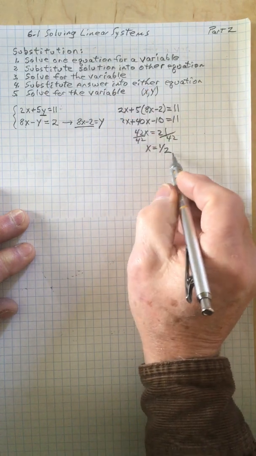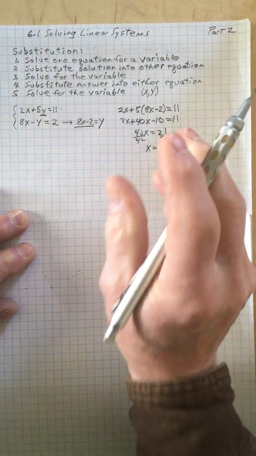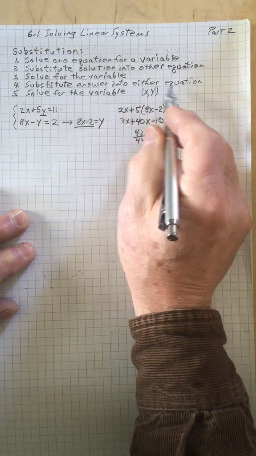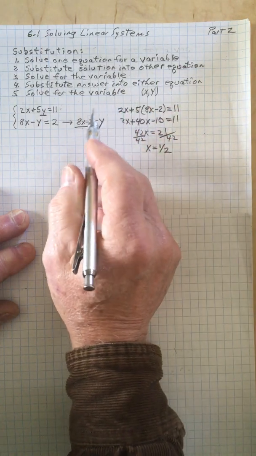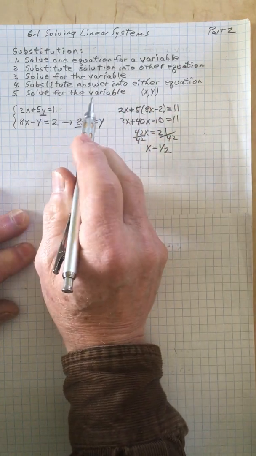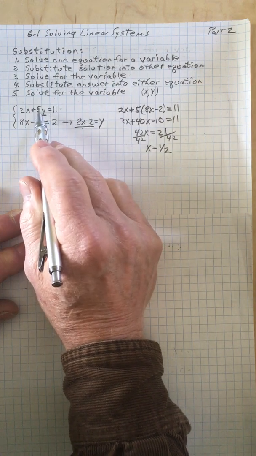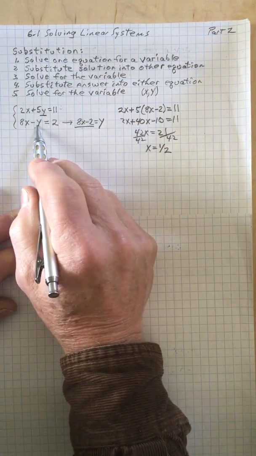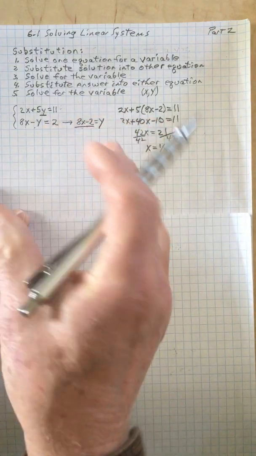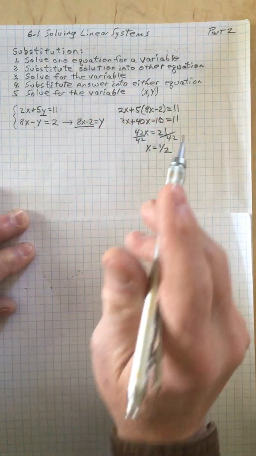Now substitute this number for x into either one of the equations. And this is where I was talking about the original equation. You can substitute it into this, or this, because these are the same equation, just solved differently.